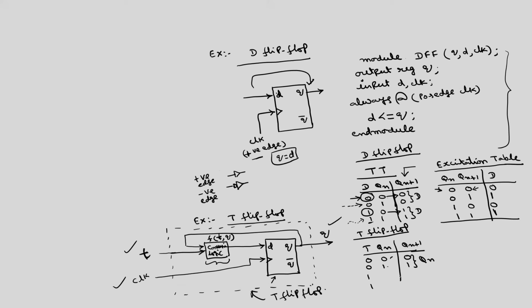When T is 1 it toggles: if the previous state is 0 it becomes 1, if it is 1 it becomes 0, this is the complement of Qn. So, this is the truth table. What is the excitation table of the T flip flop? For a given change of state, what is the input T required?